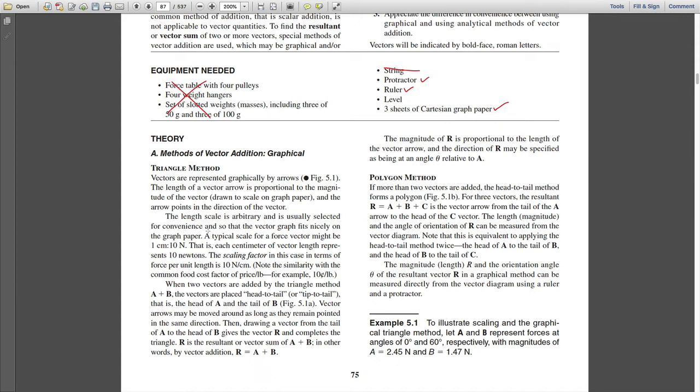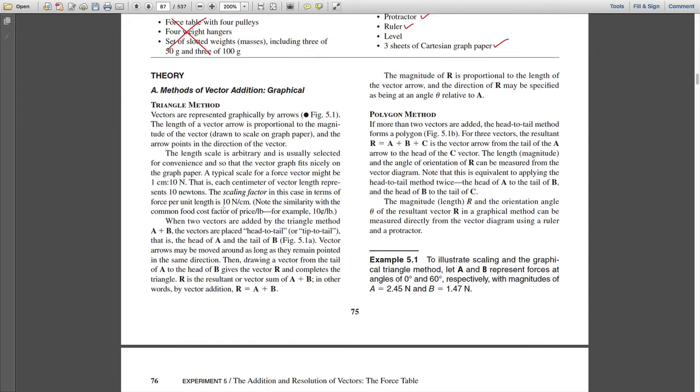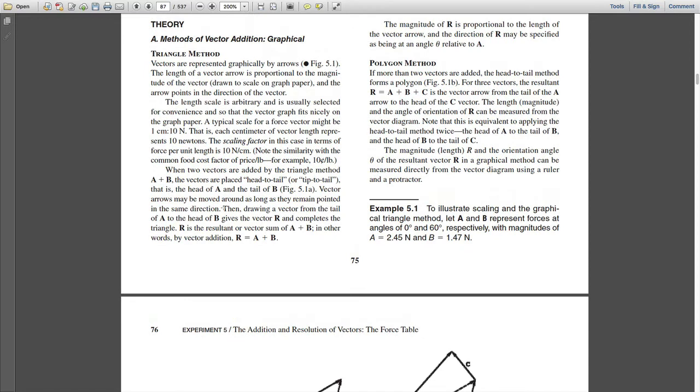You can watch that video for the analytical part of the experiment. In general, how do we add vectors, and what are vector quantities? Those are already covered in the theoretical part, so I encourage you to watch those videos. There are different ways of adding vectors, especially when it comes to the graphical method.